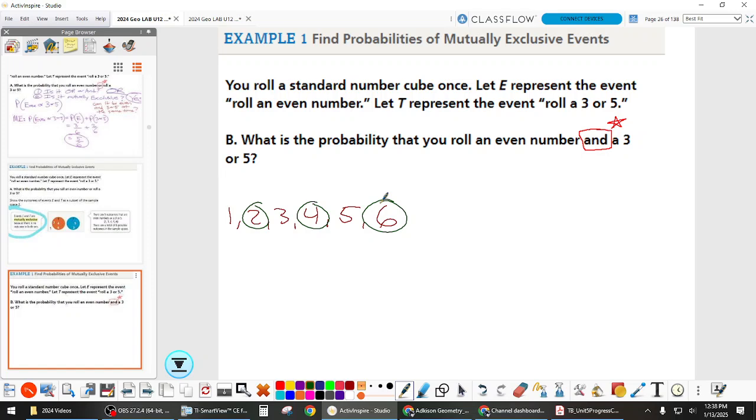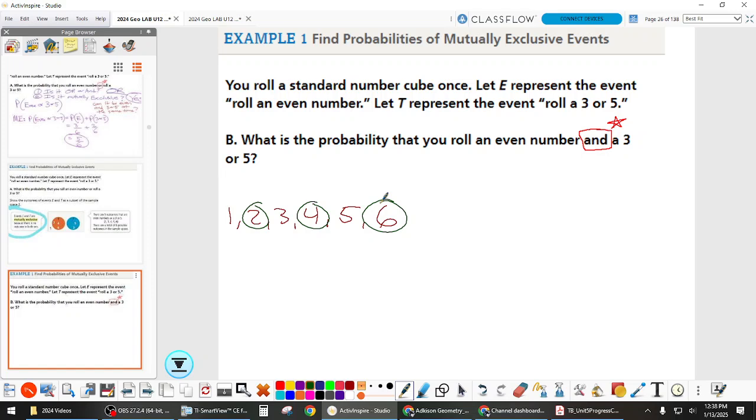Can I roll one of these two and at the same time have it be an even number? No. That doesn't make sense, right? That's like saying, what's the probability of winning and losing at the same time? So what's the probability of this? What's our answer?